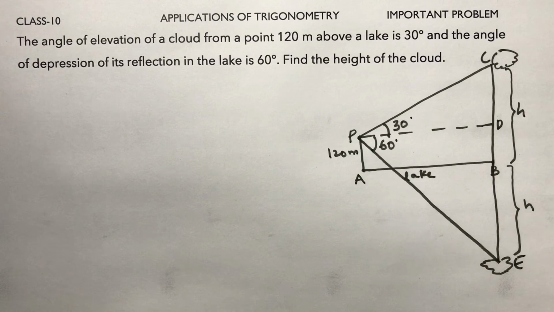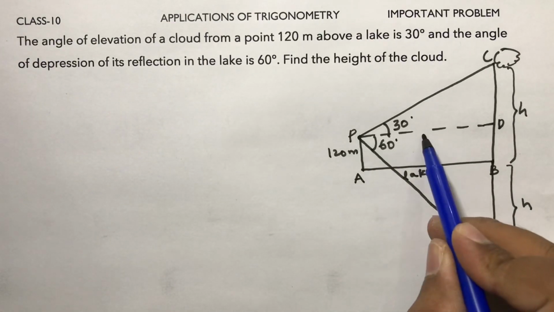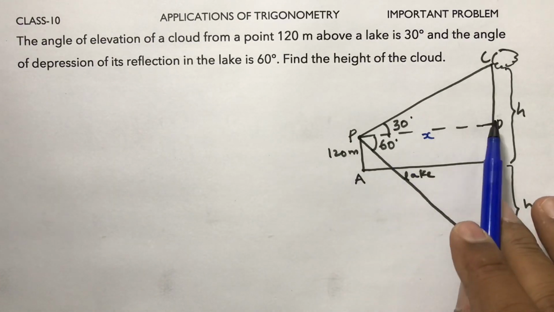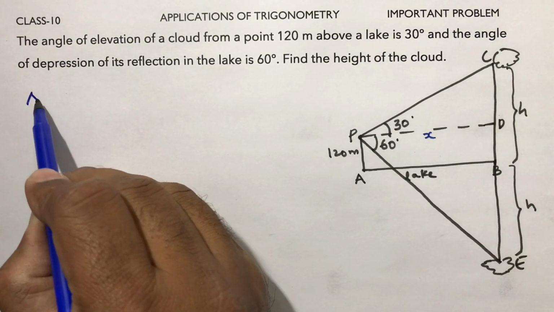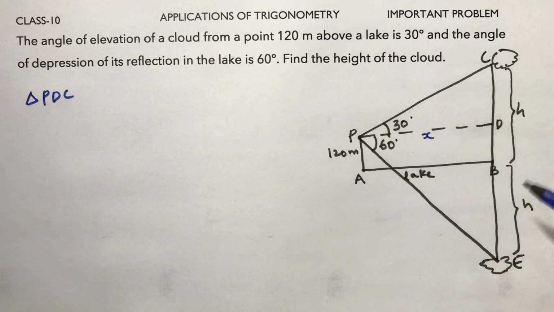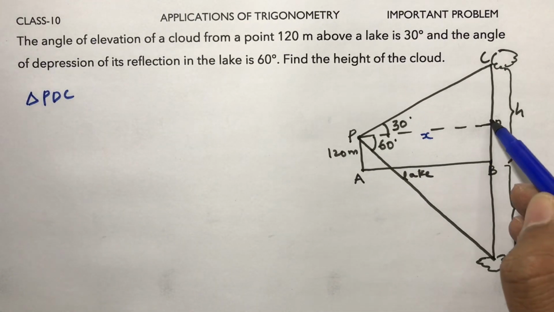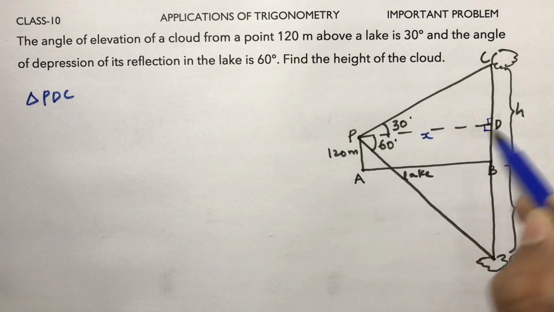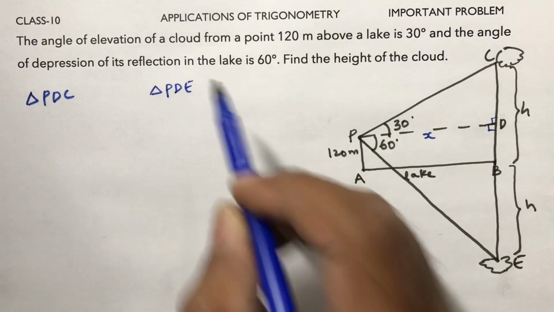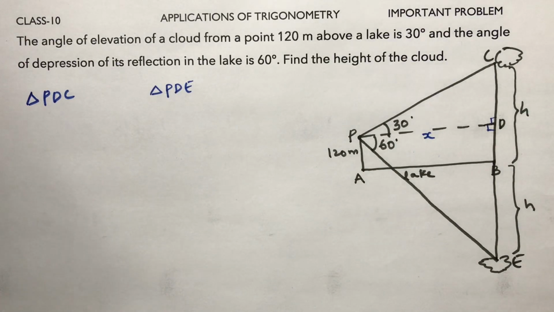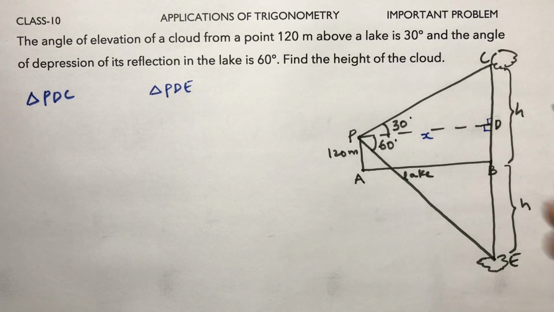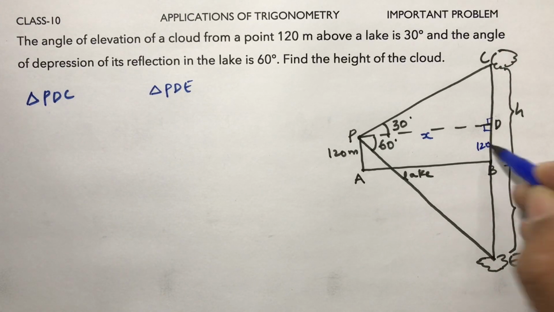Now this horizontal distance I'll consider as X. Now I'll take the triangle PDC and triangle PDE. Before that, if you observe the diagram, this total is H and this BD is 120.